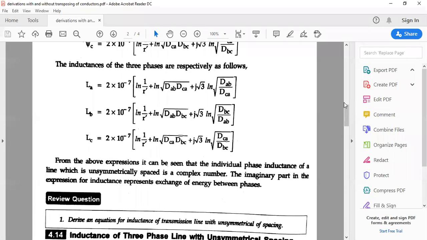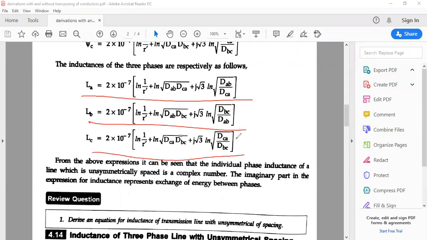If you look at these equations, this is LA, next you have LB and next you have LC. LA has AB, CA, and next you have AB and CA. If you want to find A, B with respect to LA, this is what I'll be remembering. I have the concept of cyclic symmetry.